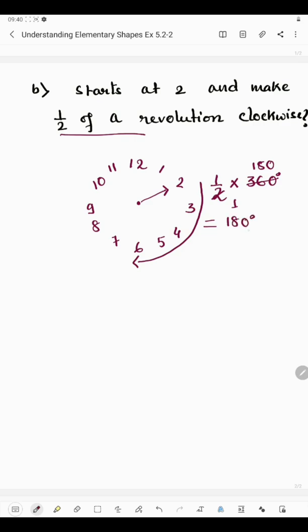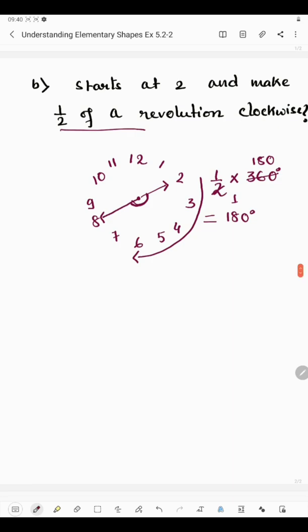That means it makes a straight angle. So from 2, if the hands of a clock move, then it makes a straight angle, a straight line. So if the hands of a clock start at 2, then it will reach 8 after half of a revolution, right?